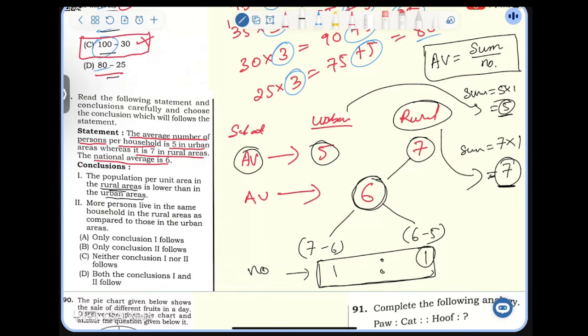In urban it is 5 only, but in rural it's 7. So which means our conclusion 1 is wrong. Because conclusion 1 says that rural is lower than the urban. But according to our statement, the number of people in rural is higher than the urban. Next is, more persons live in the same household in rural areas as compared to those in urban. That's correct. So which means only 2 will follow.